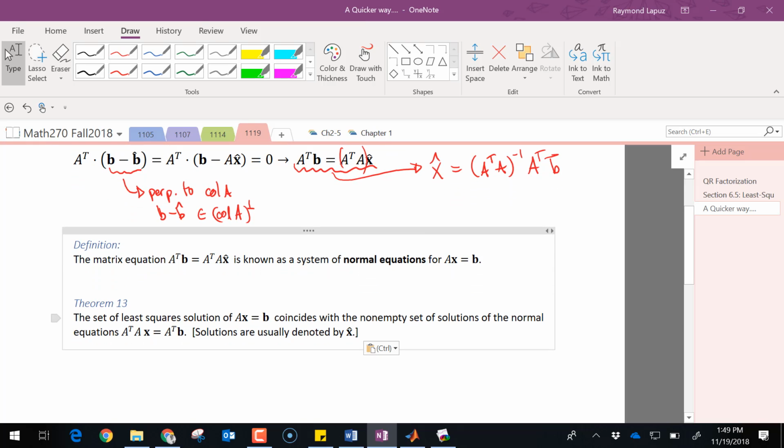And so the set of least squares solutions coincides with the non-empty set of solutions for the normal equations. And then they say X, but because if B is not in the column space, the original equation AX equals B will be inconsistent.